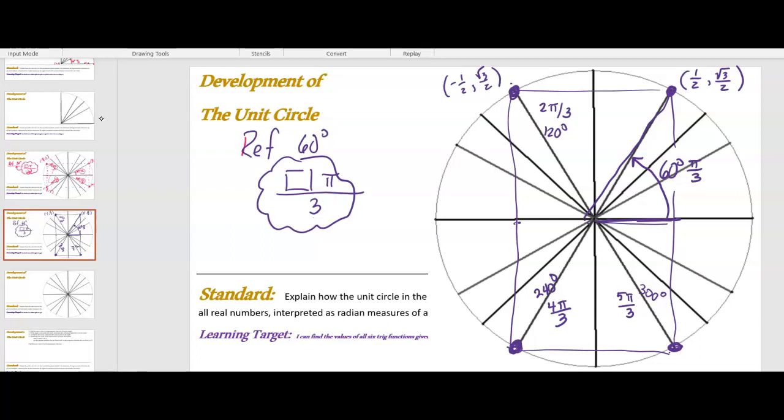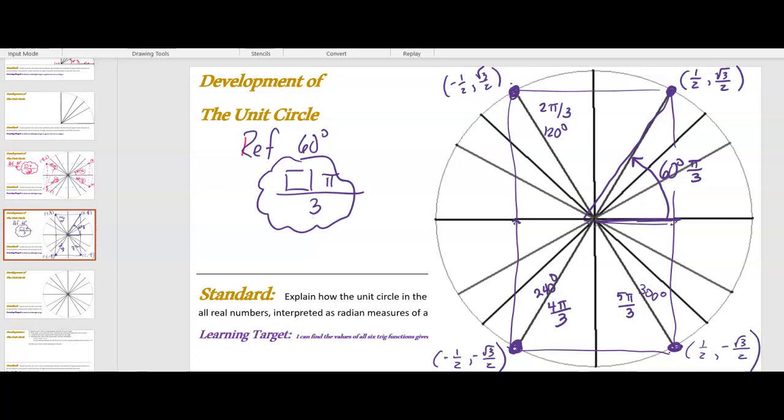This point is going to be negative 1/2, negative root 3 over 2. So remember, third quadrant, both coordinates are negative. And then 1/2 up is now 1/2 down. That's going to be 1/2 down, root 3 over 2.